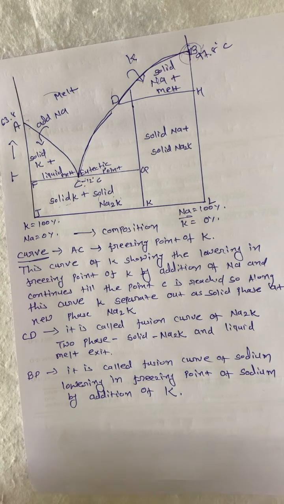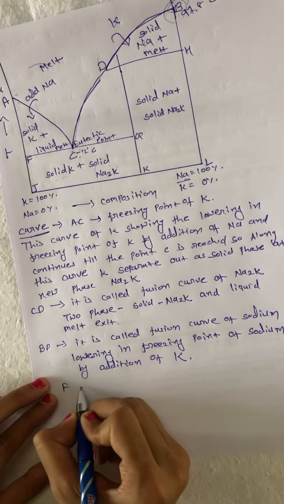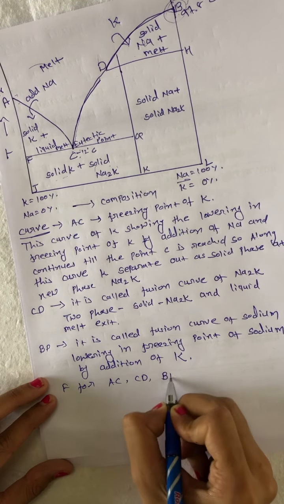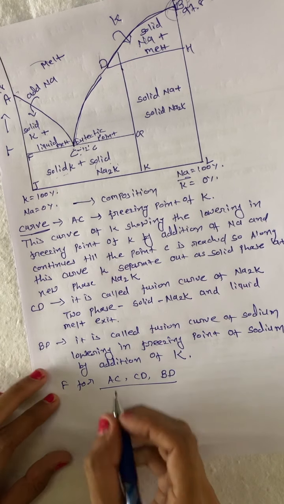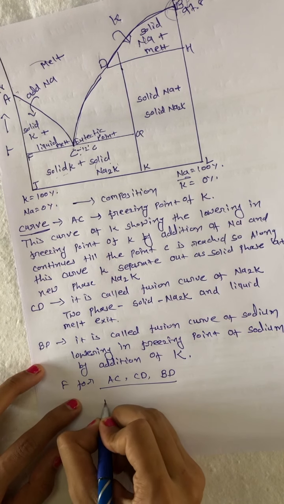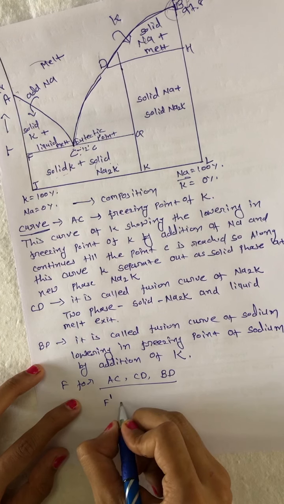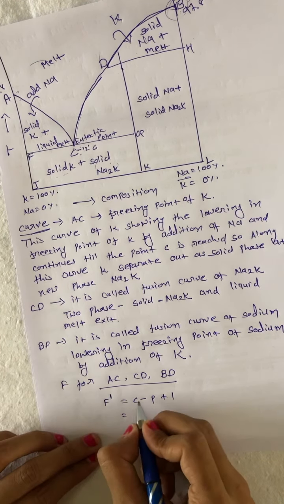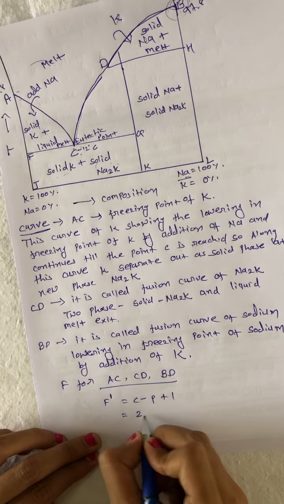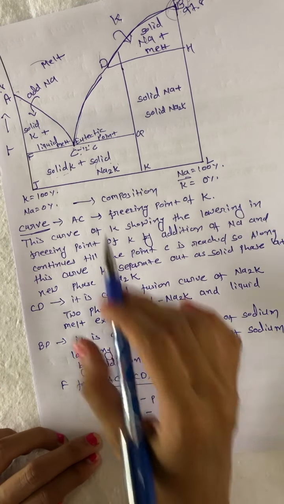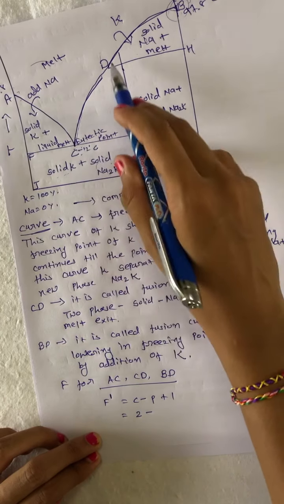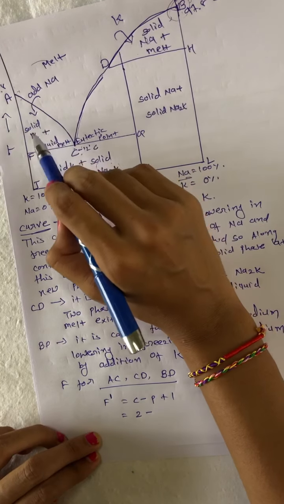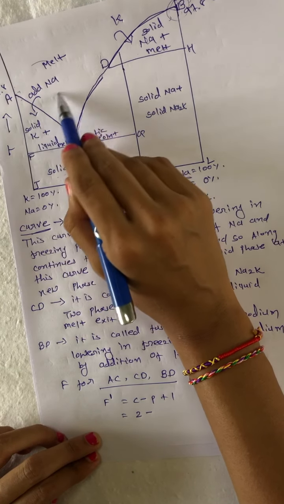Now what is the degree of freedom F for AC, CD and BD, right? So here we can apply the reduced phase rule, F = C minus P plus 1. It is a two component system, so C is equal to 2. In curve AC, curve CD and curve BD, two phases are available. In curve AC we can see solid K present and liquid melt present.